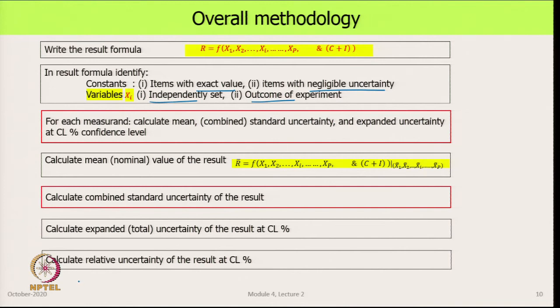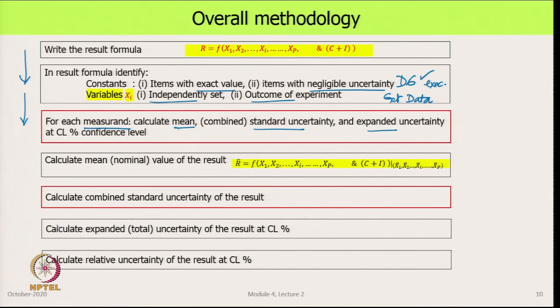We do the experiment and collect all the data. So, the execution stage has been done, we got all the data. So, we wrote the formula, did the experiment, and then as we have seen in the earlier result, we calculate the mean, the standard uncertainty and the expanded uncertainty of every measurand.